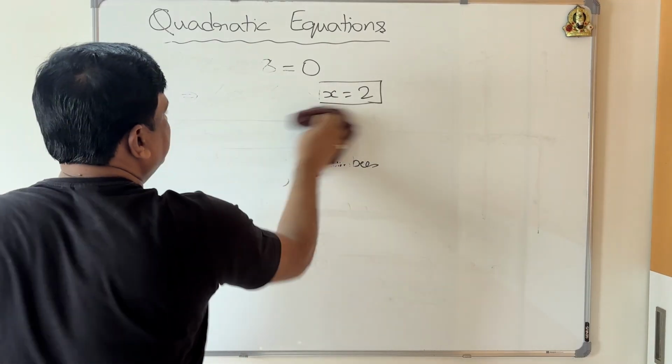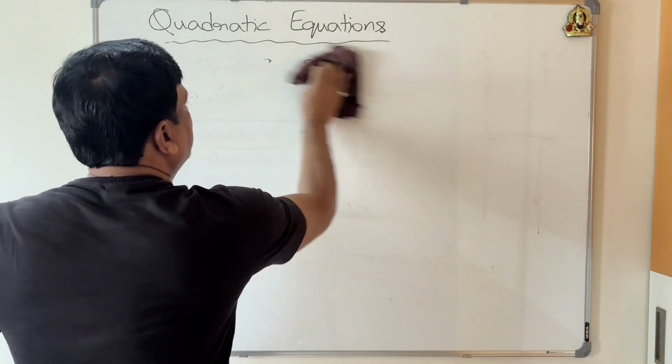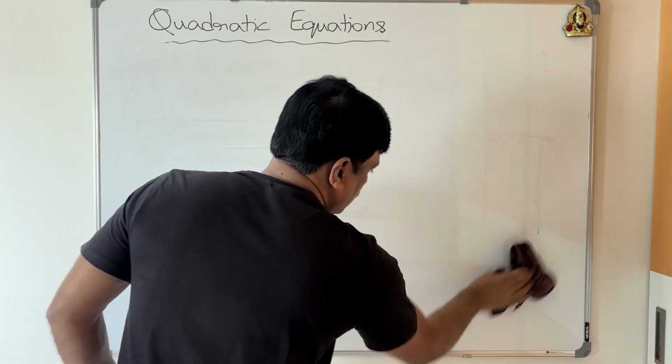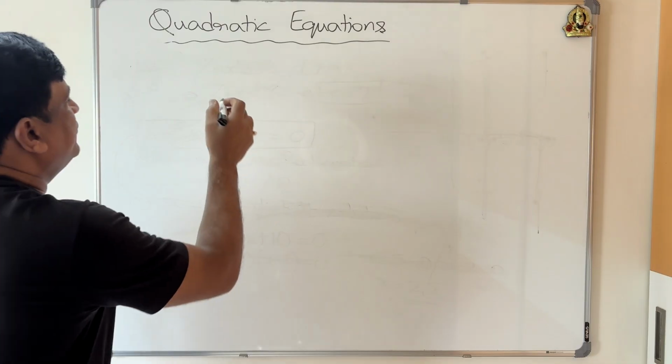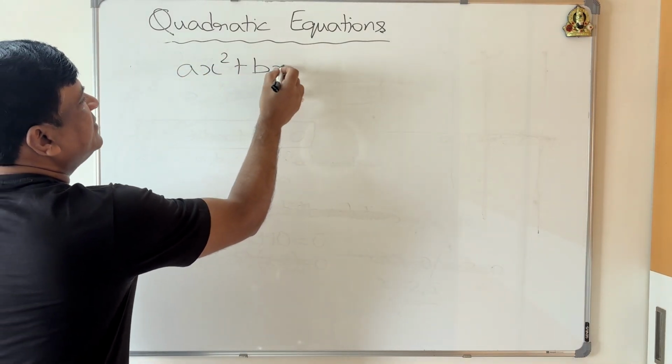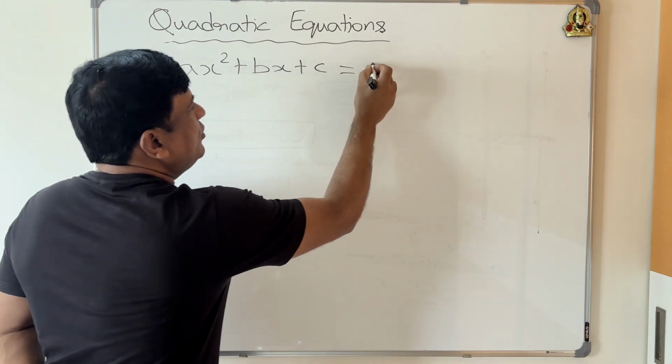Let's move on to understand how we can use the general formula and find the roots. We call them roots. Now I have told you that ax square plus bx plus c is equal to 0.